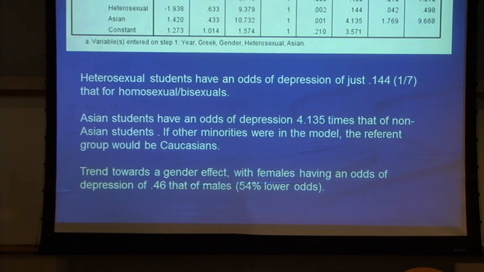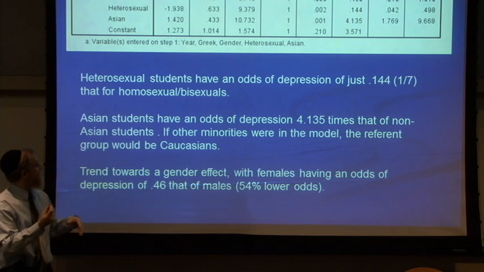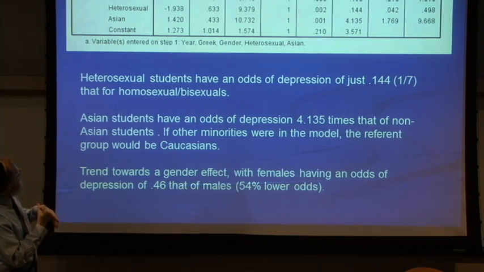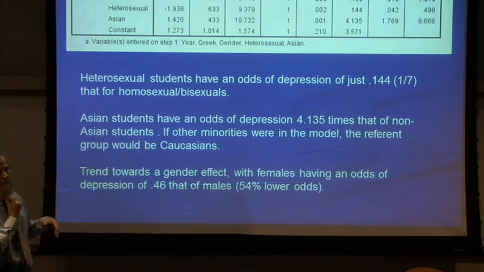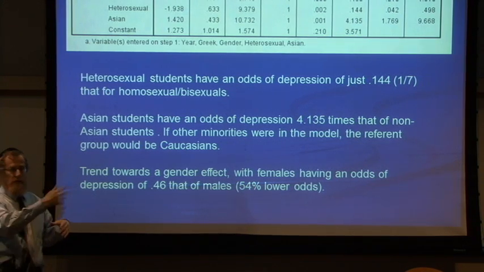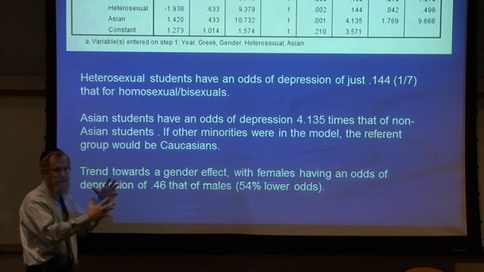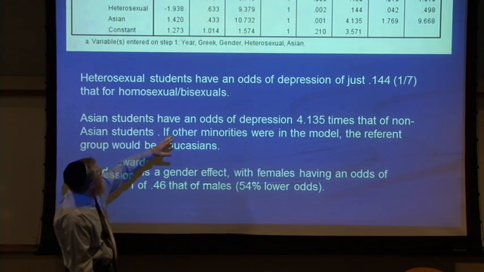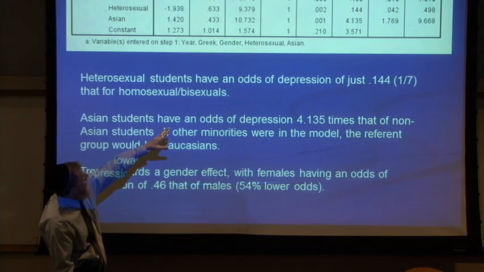For heterosexual students here, and again, your model was different. Rachel, what did you get for the odds ratio for heterosexual? 0.135. So that's what I was expecting, you'd get something very, very close. Here I have 0.144.